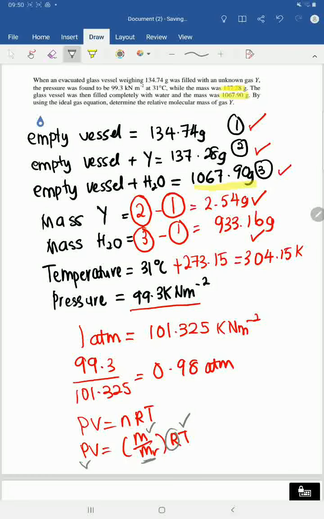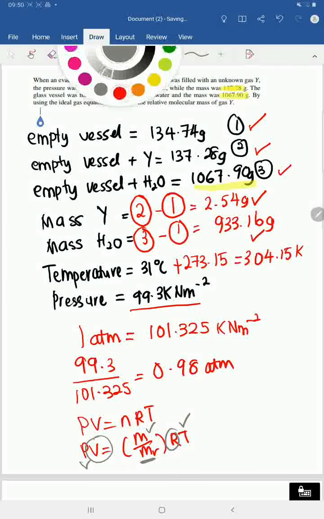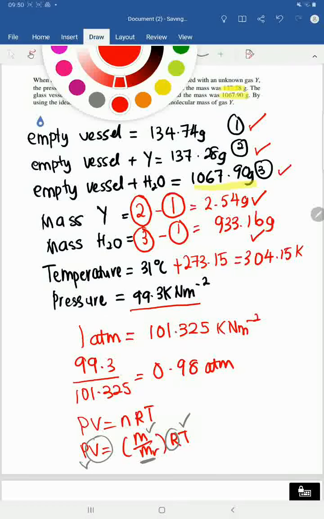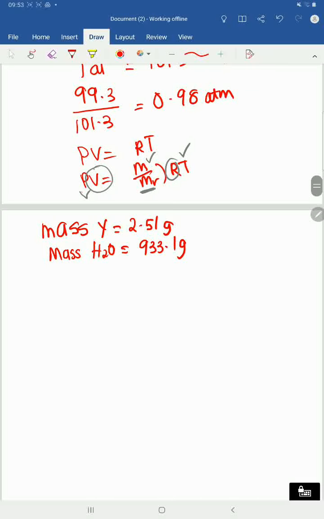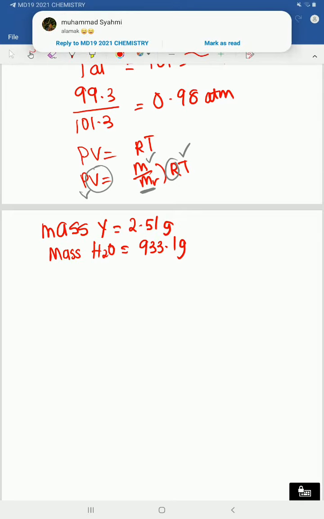So in order to get Mr, we need to find the volume. How can we get the volume of the vessel? That's why they give you the mass of the empty vessel plus water. From the mass of water, you can calculate the volume of the vessel. So how can we calculate it through the given mass?